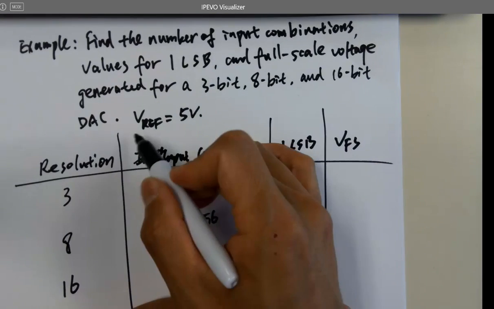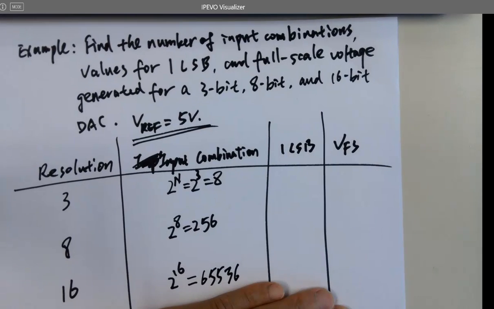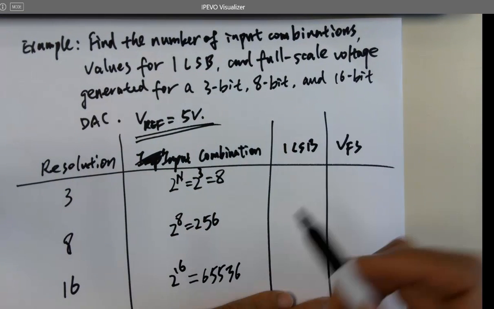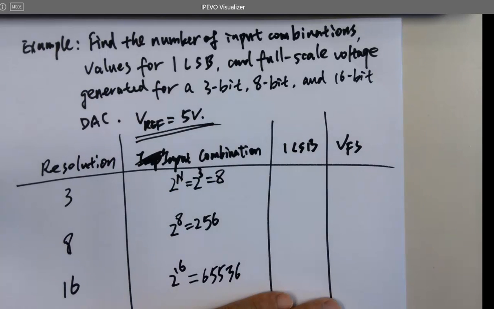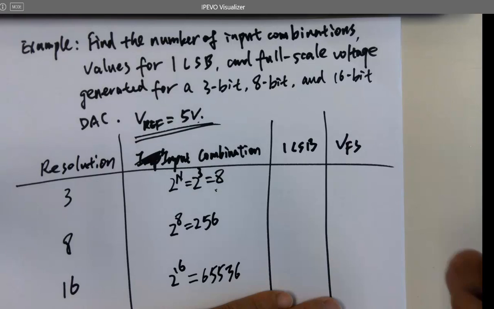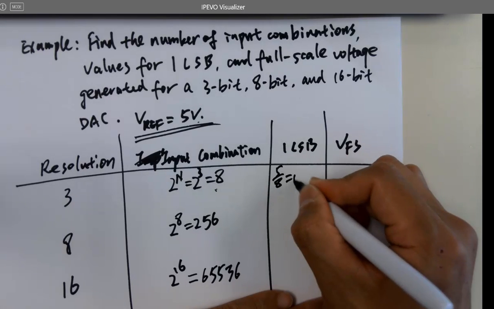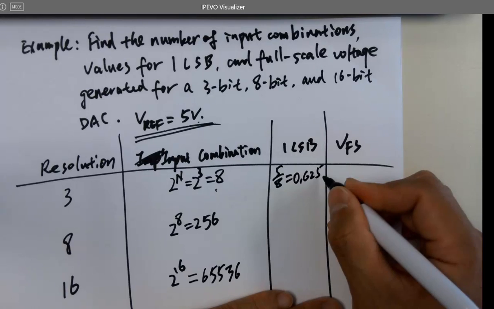All right, it's 5 volts. What's one LSB over here? What's the smallest voltage it is able to resolve? So just use 5 over 8, which is 0.625 volts.